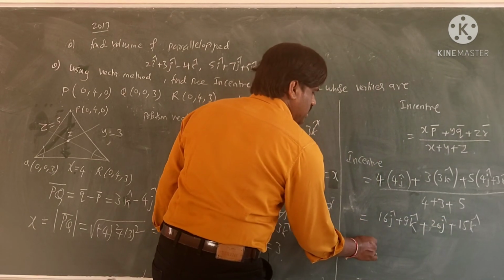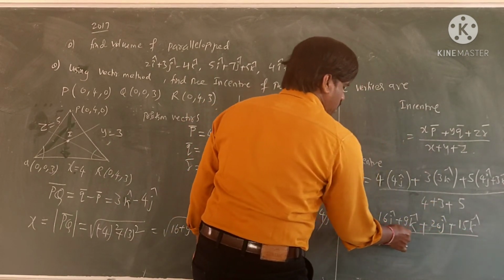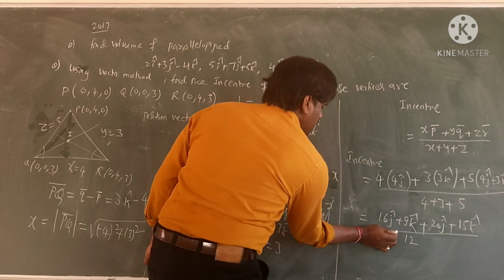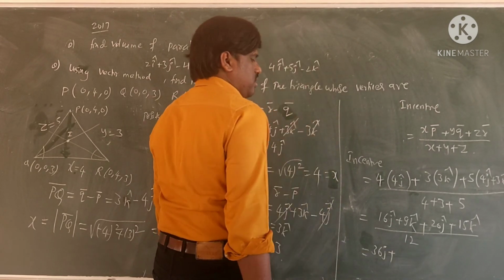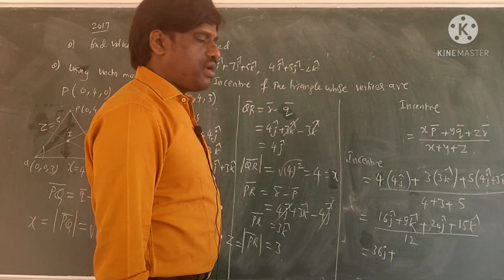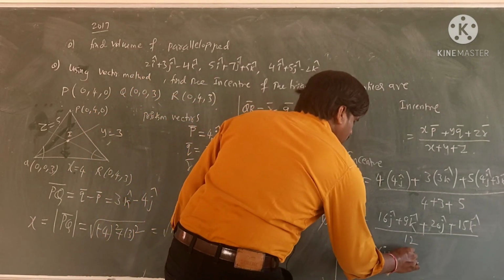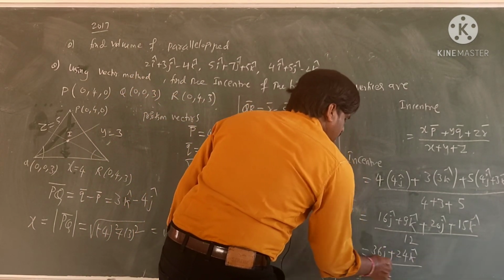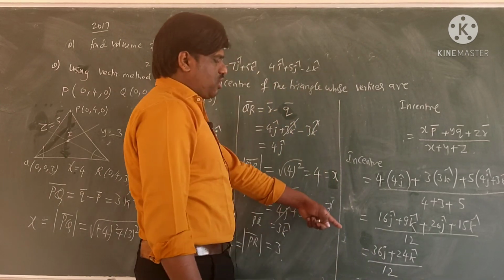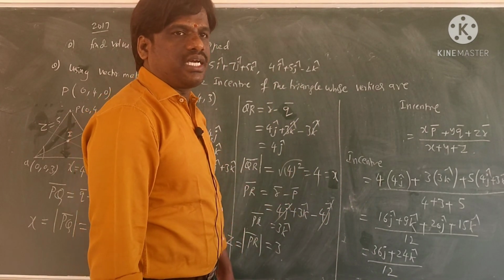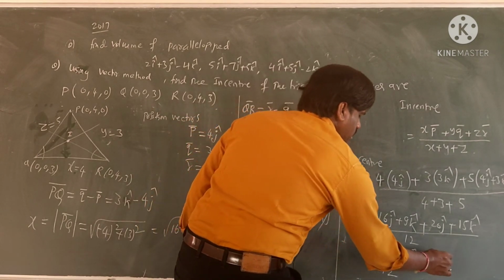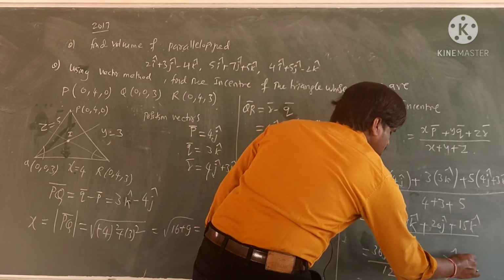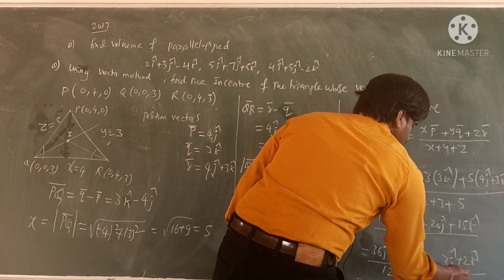So 36 by 12. So what do you get here? 36j plus 24k divided by 12. If we divide this, the 12 table cancels out. Separating with the 12 table, 12 threes are 36, 12 twos are 24. So 3j plus 2k is your answer.